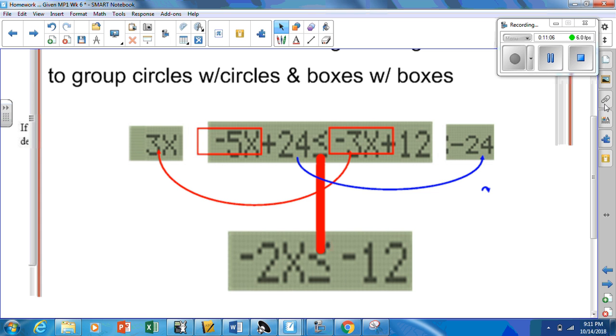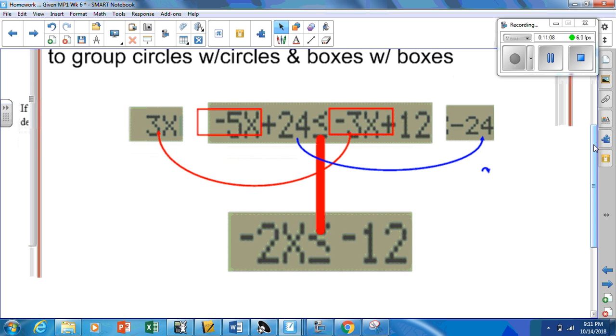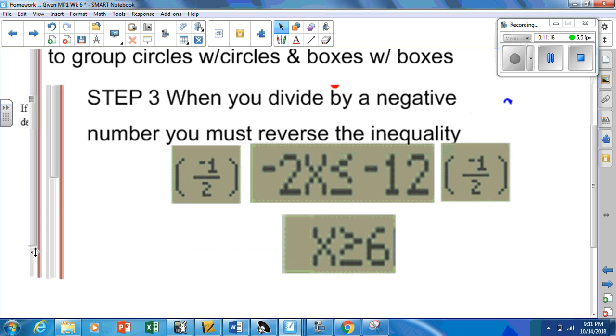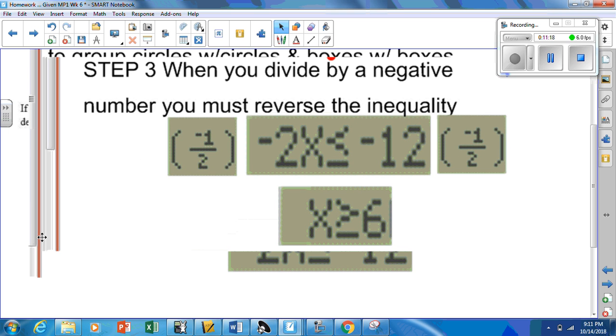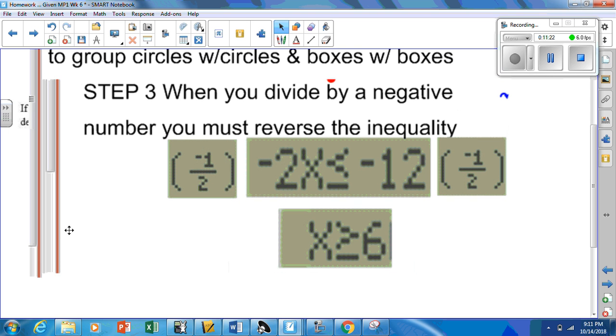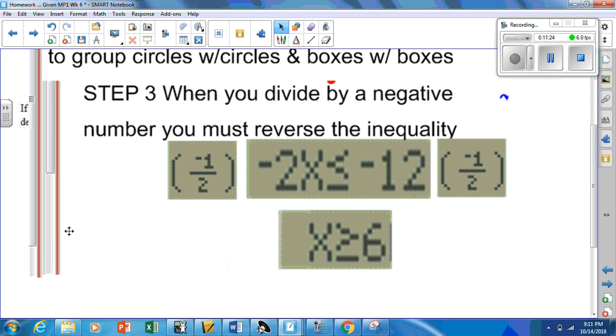Okay? Well, I've got something else up my sleeve, because I know whatever the number is in front of x, I have to divide by that number. So consider the following. When you divide by a negative number, you must reverse the inequality. My inequality was less than or equal to.